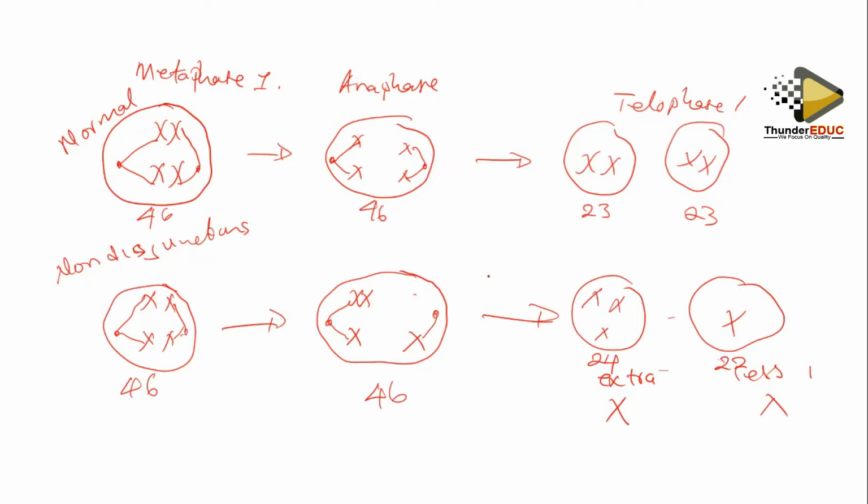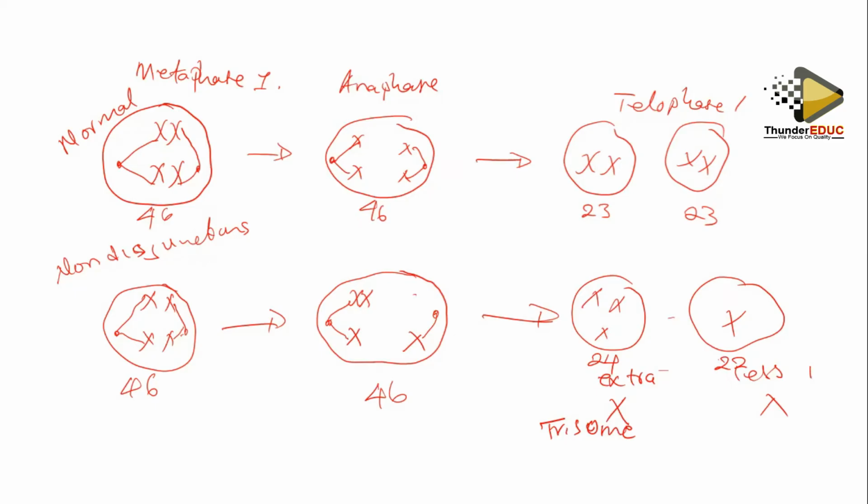Because now it has three chromosomes of the same kind, in science we call it trisomy. We call it somy because it describes a cell, a body, with 3 chromosomes of the same kind.